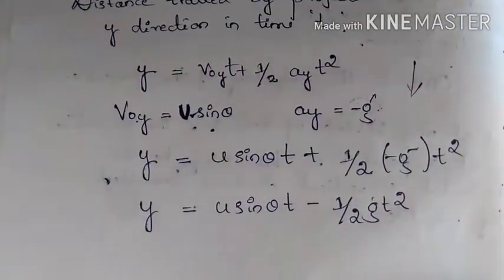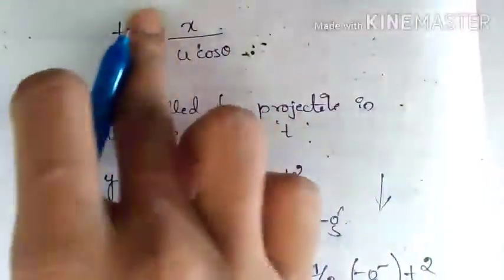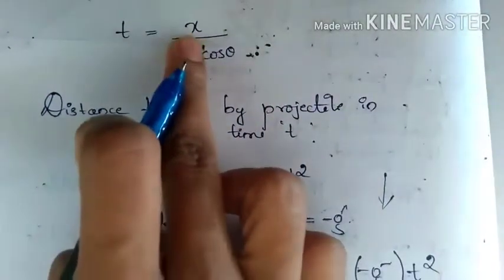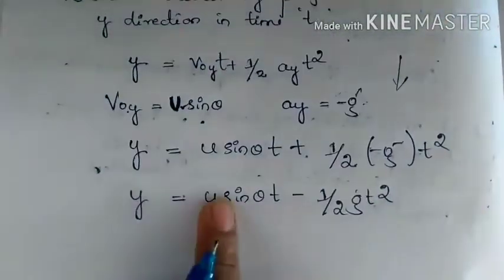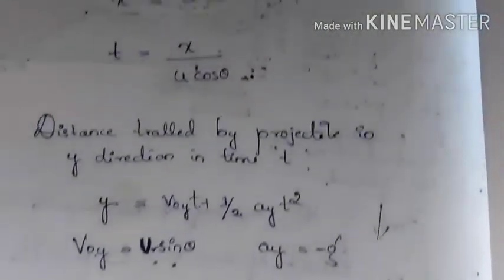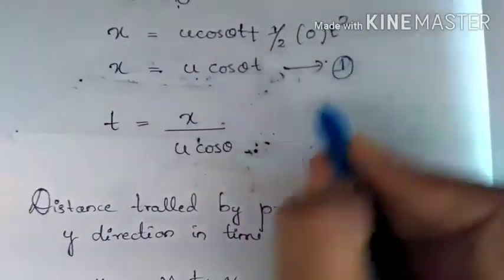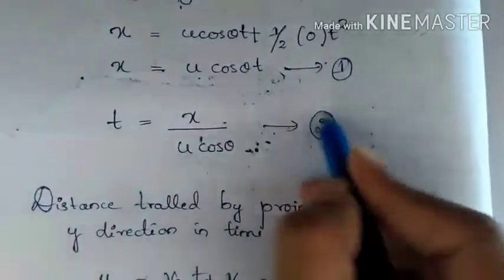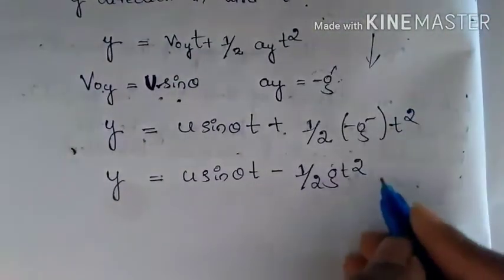This is the equation. But from the above equation, you know what is t. So if you substitute this t here in this equation, then what will you get? Let me write the equation numbers. Let this be equation 1, equation 2, and this is equation 3.